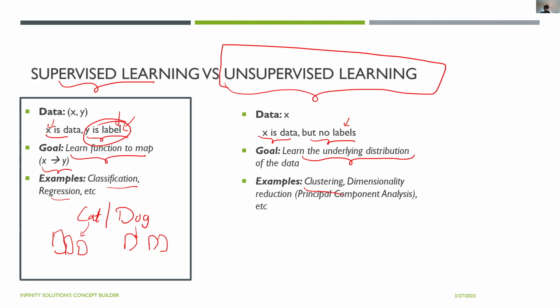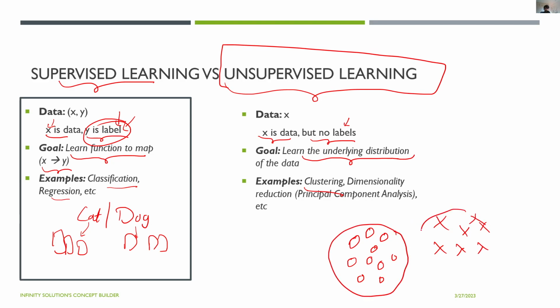And for example, clustering. A good example can be prime customers. Let's say these are prime customers in our space and this is our non-prime customers. You can clearly cluster them in a given space, in 2D, 3D or 4D if that matters. That is clustering.